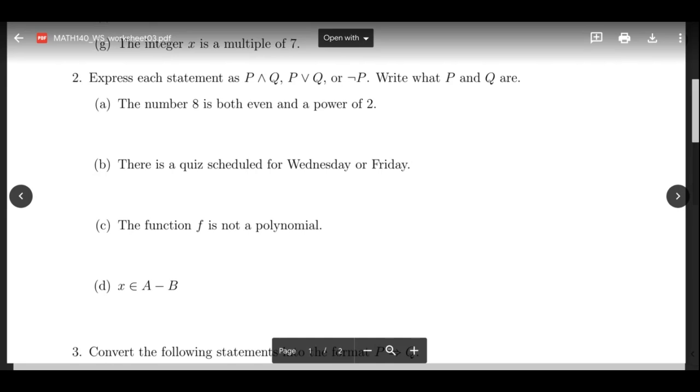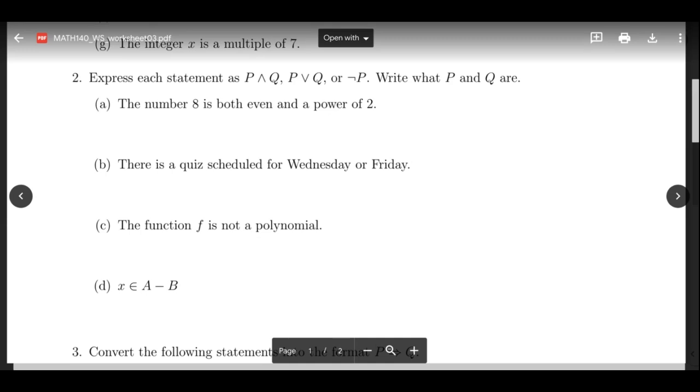This one is quite challenging, right? If it's P and Q, that means we have two statements.